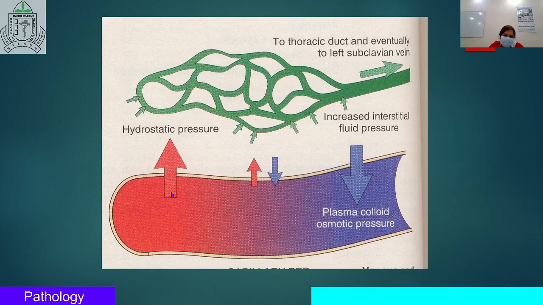If there is increased hydrostatic pressure, fluid may come out from the blood vessel and cause edema. Or if this colloidal osmotic pressure is reduced, there is also edema. Increased hydrostatic pressure or decreased colloidal osmotic pressure.